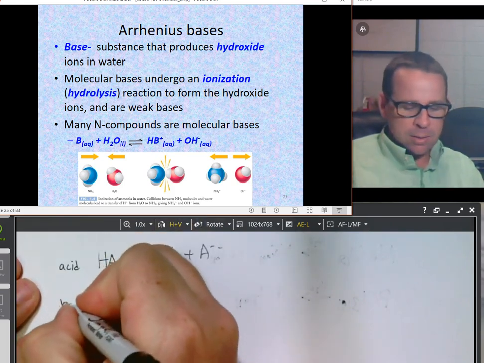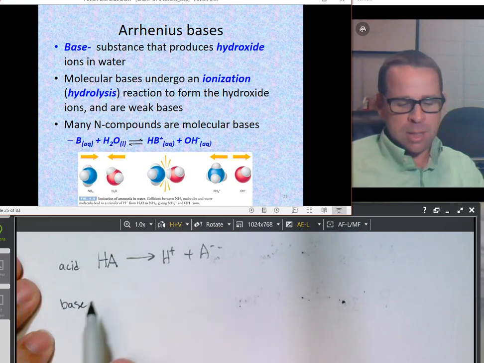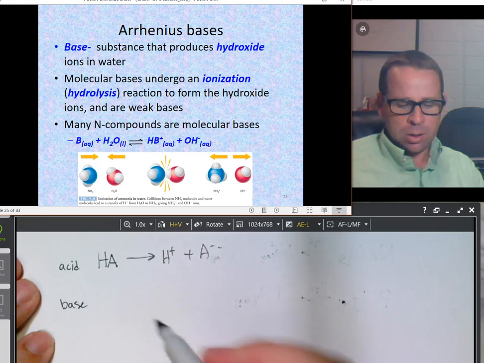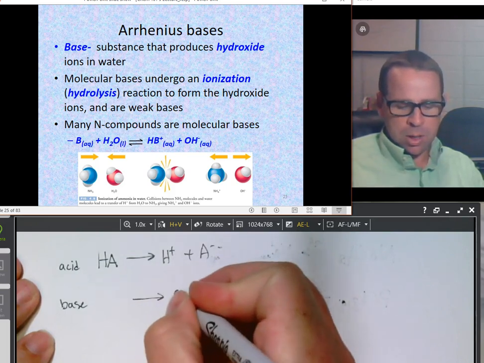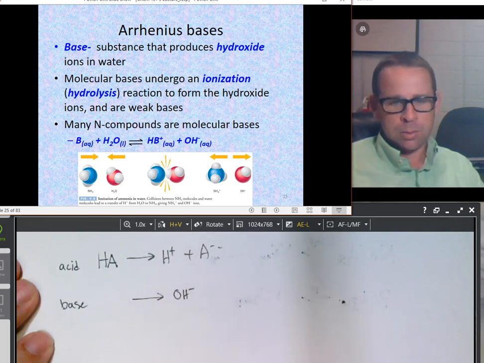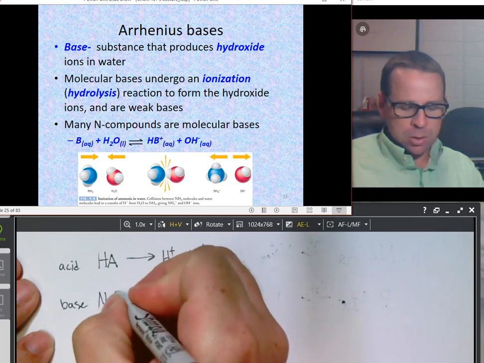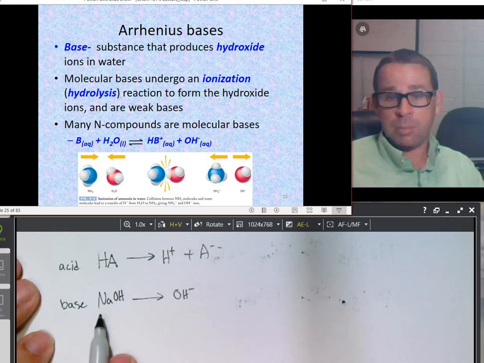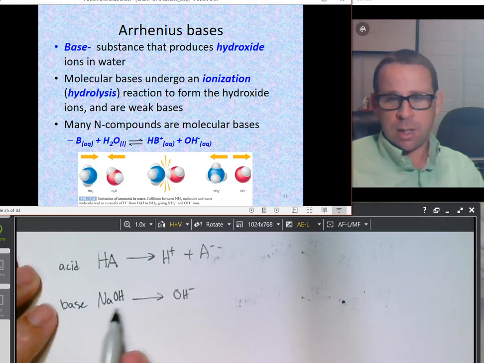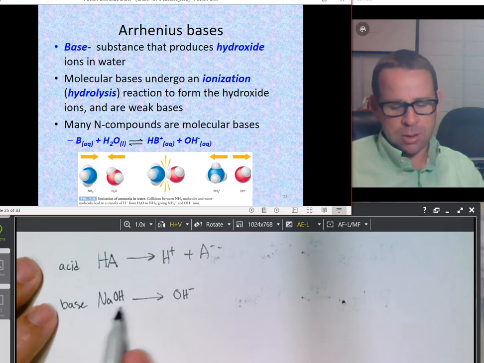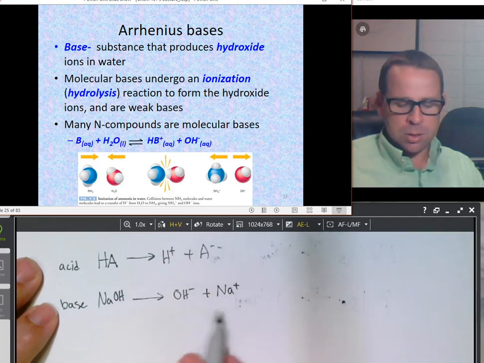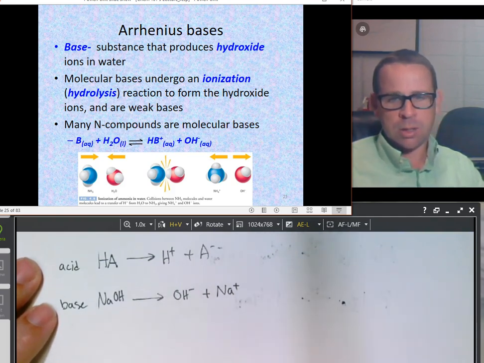A base is the same type of thing. You put it into water, but instead of resulting in the hydrogen ion, you result in the hydroxide ion. So an example is sodium hydroxide. Sodium hydroxide is an ionic compound. Bases aren't necessarily molecular compounds only. Bases can be ionic or molecular. Here it's an ionic compound. You put it into water, and because of the dissociation, you end up getting the hydroxide ion.